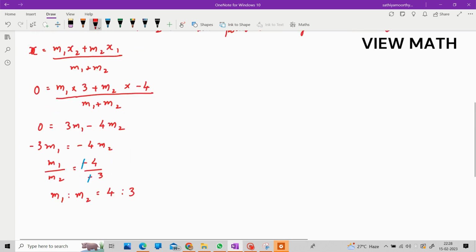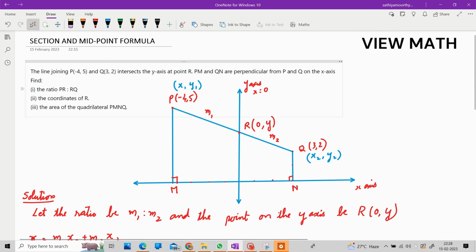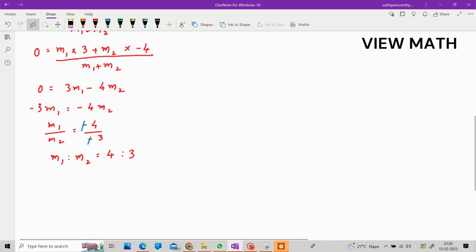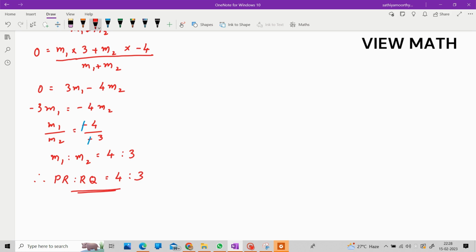The first subdivision, they're asking us to find PR is to RQ, that is nothing but m1 is to m2. So we have found the first subdivision, PR is to RQ is equal to 4 is to 3. So the first subdivision is over.